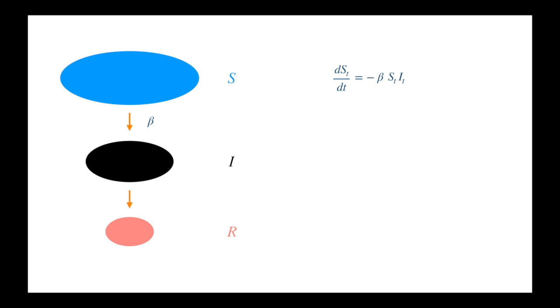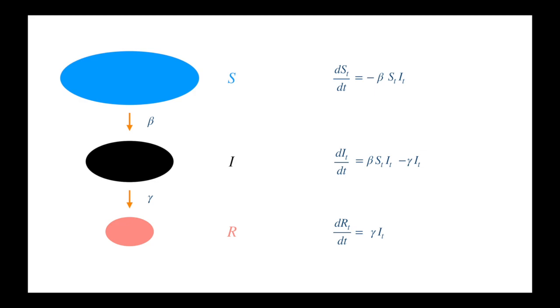Similarly, let's represent the rate of flow from I to R by gamma. So we can write the rate of change of I as the inflow from S minus the outflows to the recovery or dead compartment. And the rate of change of R then is just equal to the inflows from the infectives compartment.